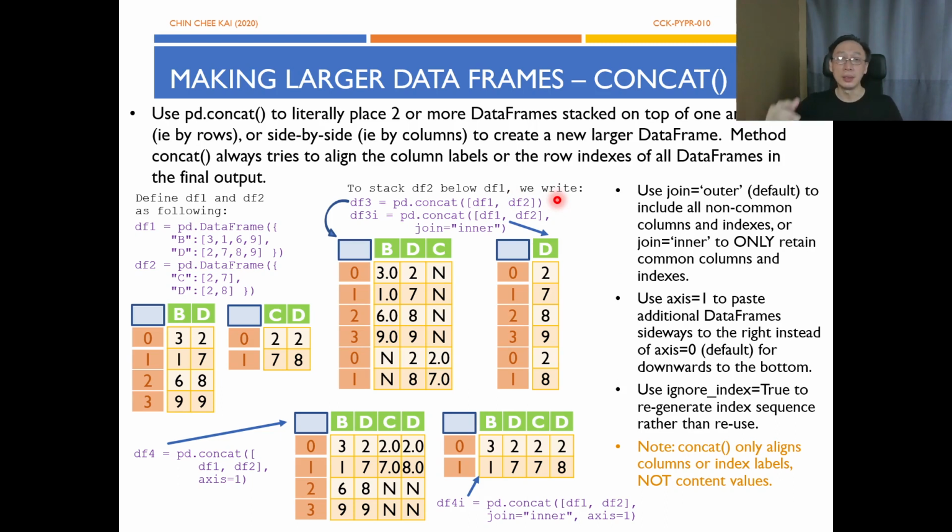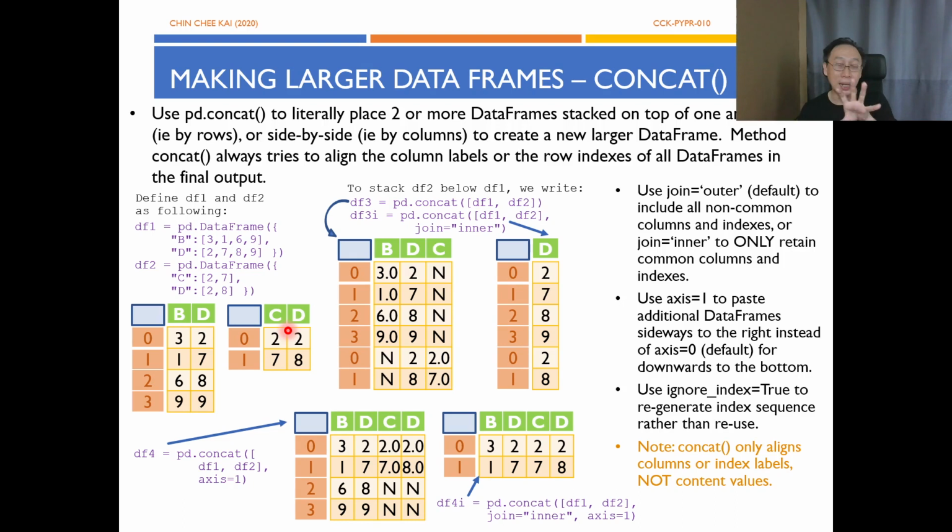But what does that mean? Axis equals 0, in this case, means the next set of data, that is this 2278 here, is going to be concatenated downward. So the next listed data frame is to be plonked below as additional rows.